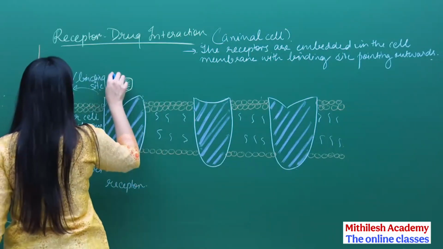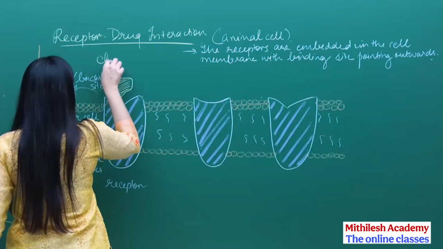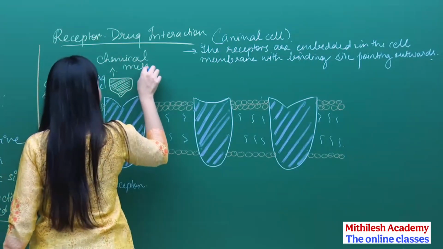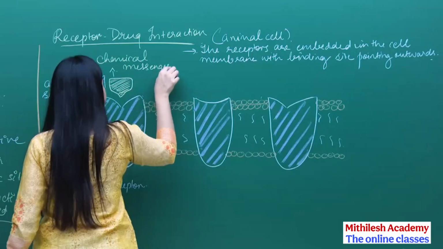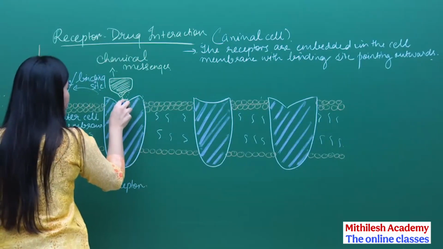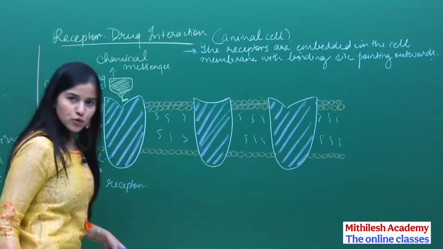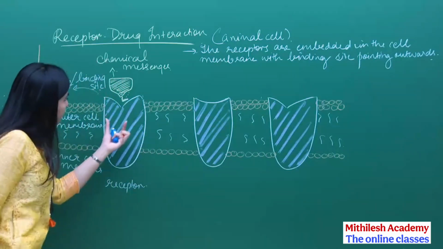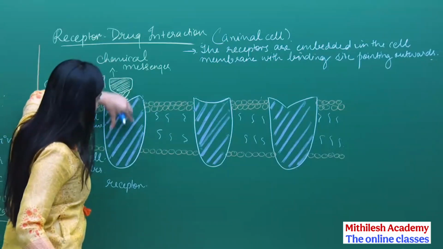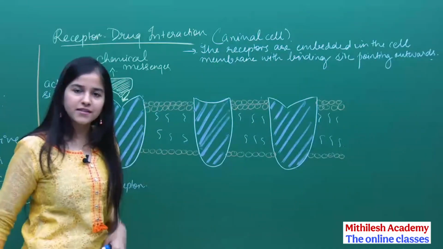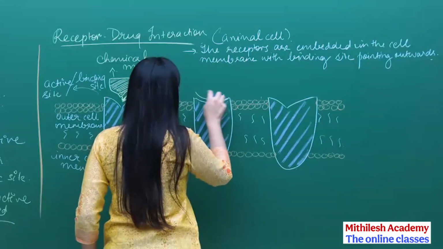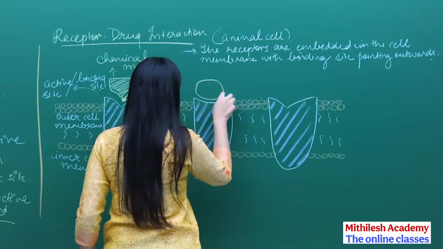That is the chemical messenger. It's trying to reach out for the active site. It wants to transfer the signals. So what will happen when it tries to attach? When it tries to attach onto the binding site, onto the active site, finally it gets attached something like this.